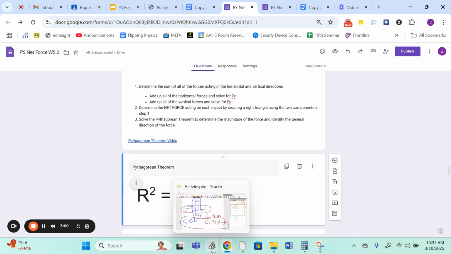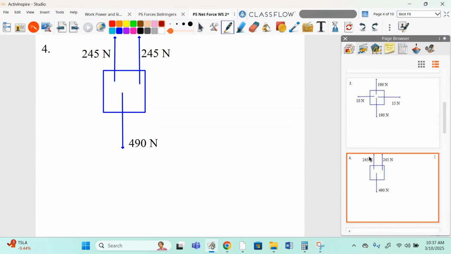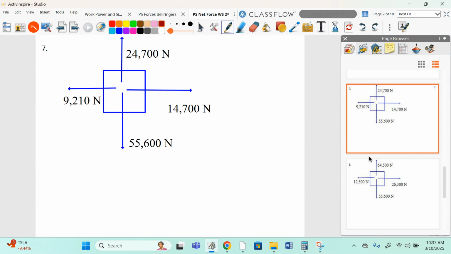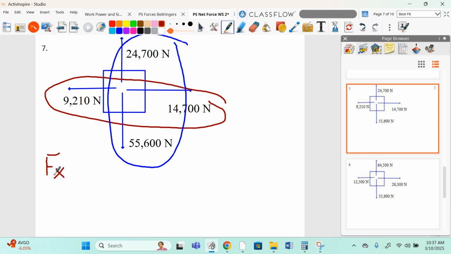If we take a look here at number 7, we've got an airplane. Again, we'll look at our totals. We'll look at x, and we'll look at y. If I start out with my x first, this is my negative direction, this is my positive direction.